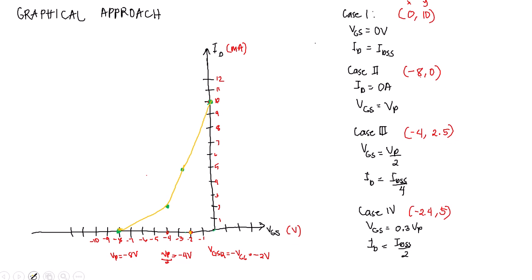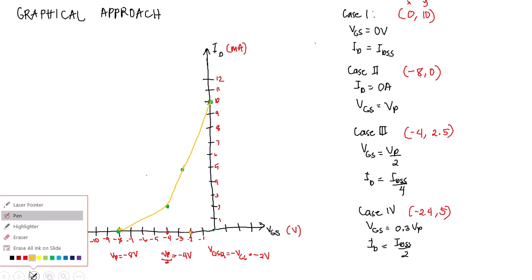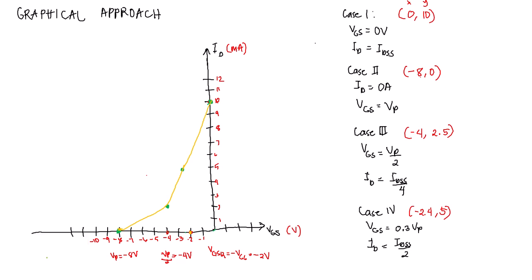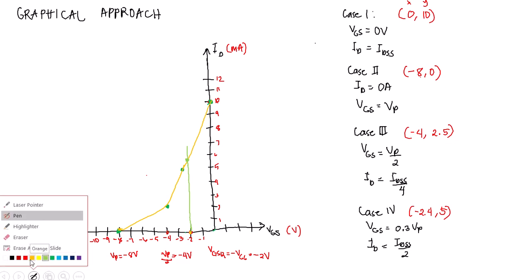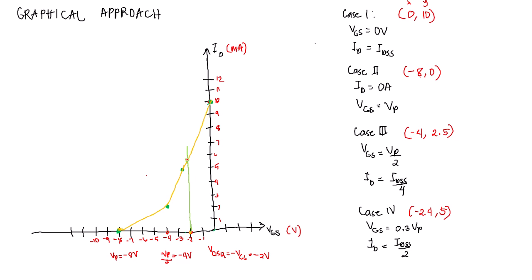If we draw a straight line upward from the VGSQ here, the intersection of this with the transfer characteristic curve will give us our Q point.